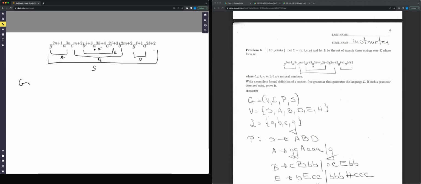So starting from the beginning, G is equal to V sigma P S. Right, V. Okay, so this is just S and then A and then B and then D and then E and then F.